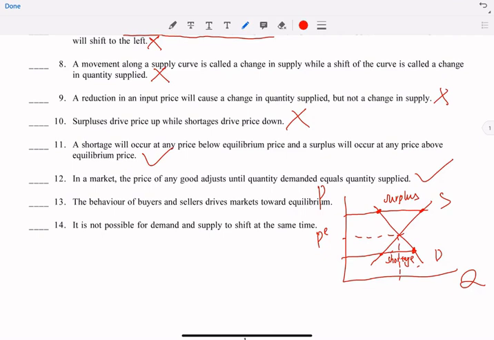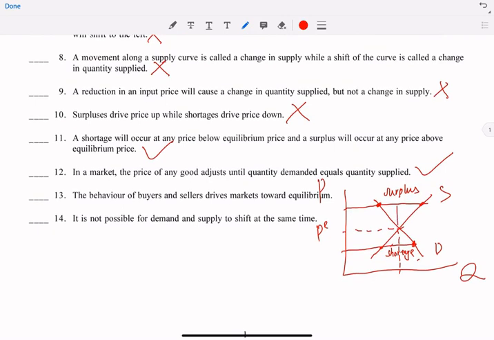So basically, you can look at, again, this picture here. Let's say we're having surplus, right? If we have surplus, then suppliers have to compete for buyers. So they would have the incentive to reduce the price. So the market price will drop to the equilibrium price.